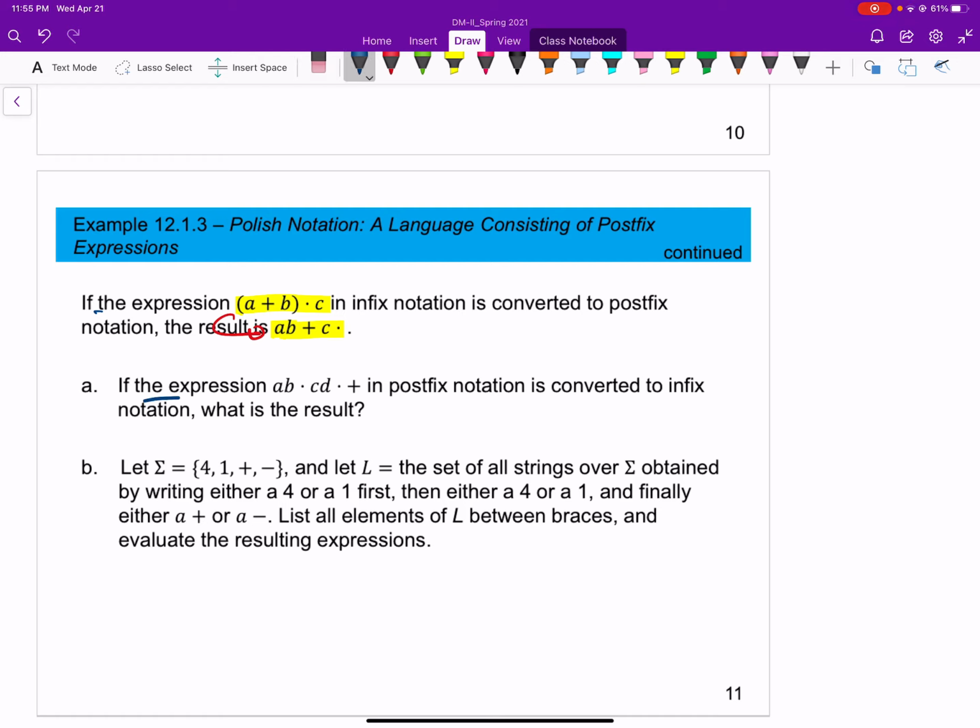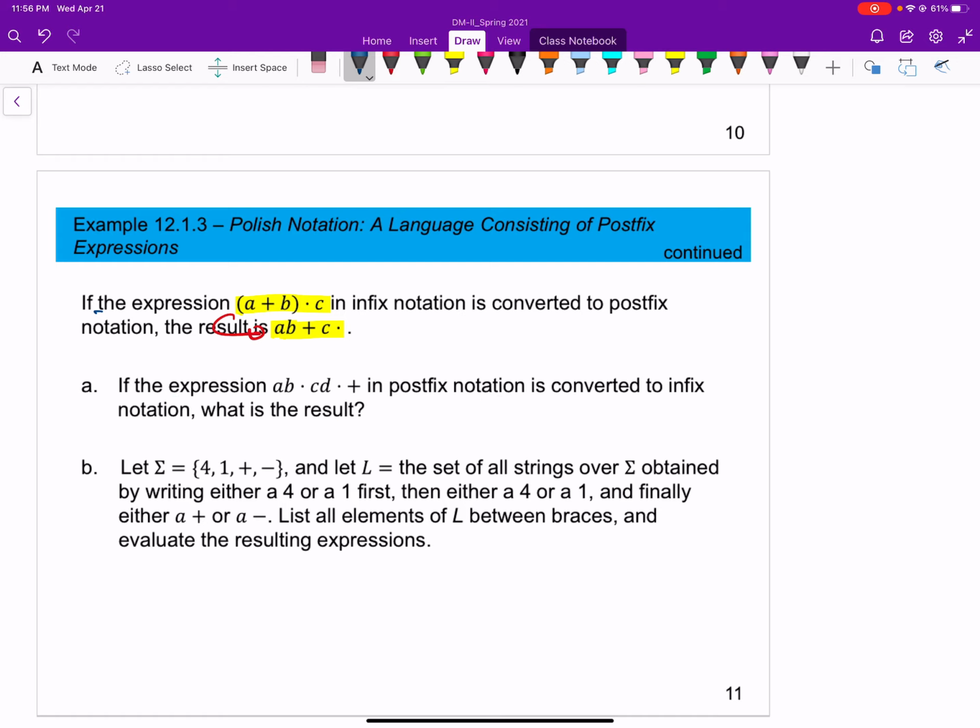If the expression A B times C D times plus in postfix notation is converted to infix notation, what is the result? So you have to find the result of that. It is easy.